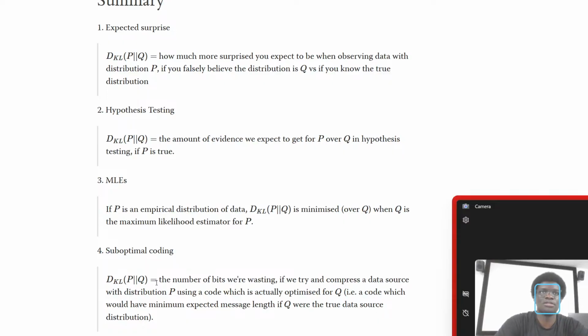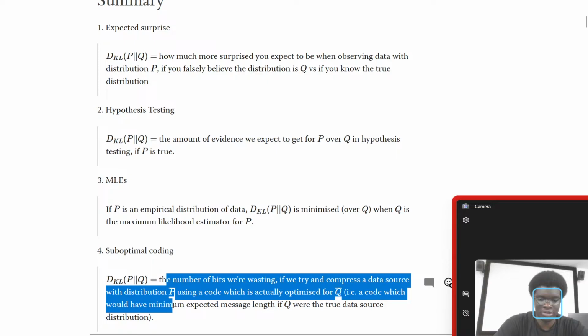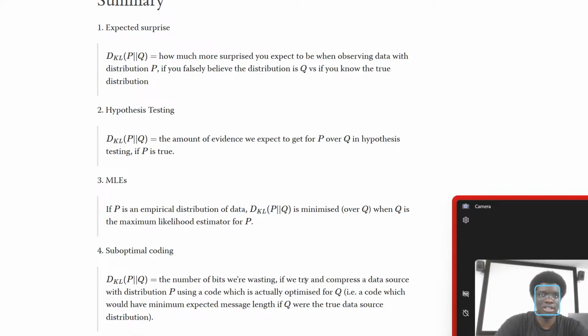I think I watched the 3Blue1Brown video on this. The optimal code is based on the distribution: you know some prior probabilities about which symbols are more likely than others, and using that you can define a code where the more probable symbols have fewer bits.